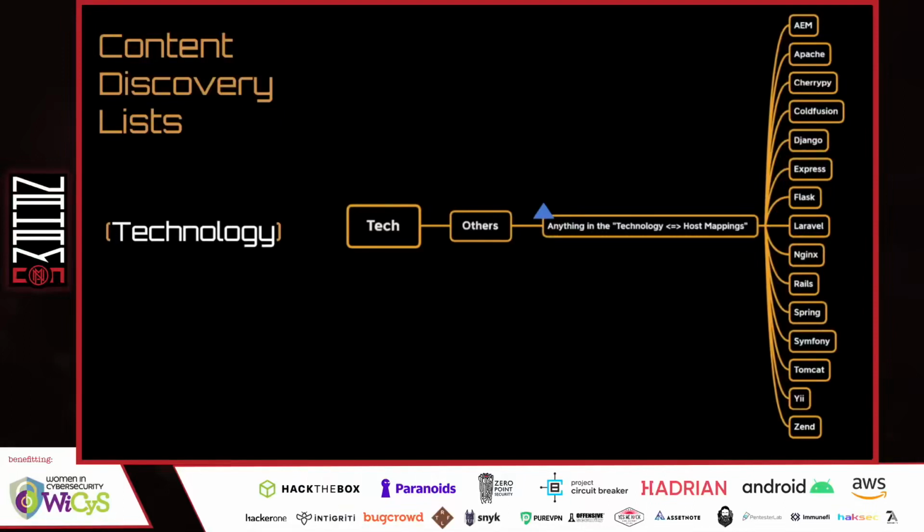And in the Assetnote wordlist project, there's a technology to host mapping section, and you can look up your specific technology there and see if it's represented, and then you would use that list for the specific technology as well. So AEM or Laravel or whatever. So yeah, those are how I map word lists and the ones I use.